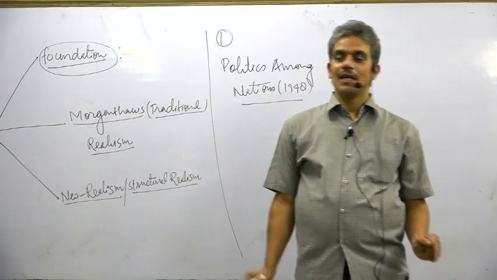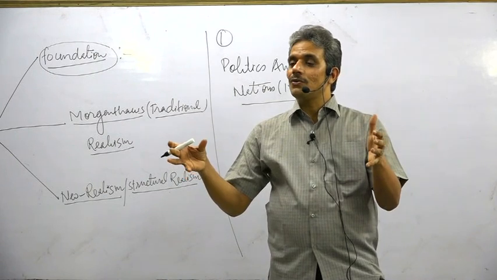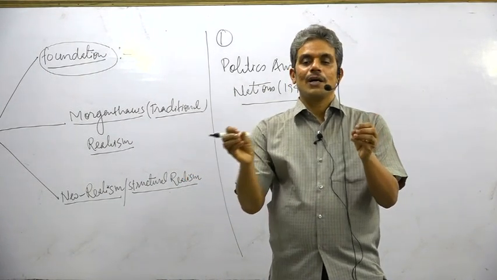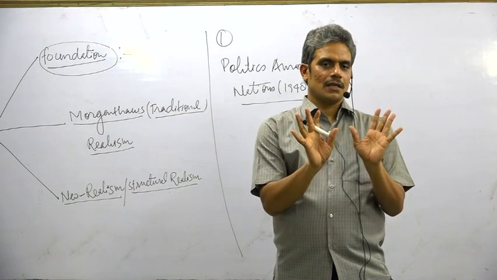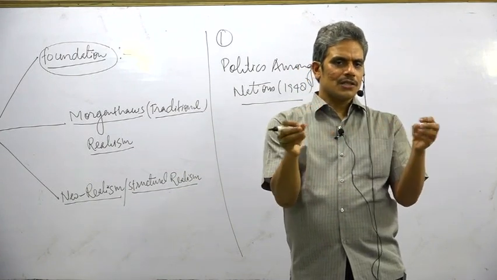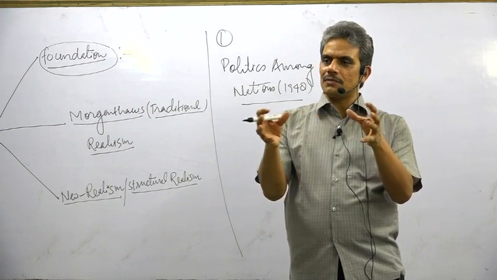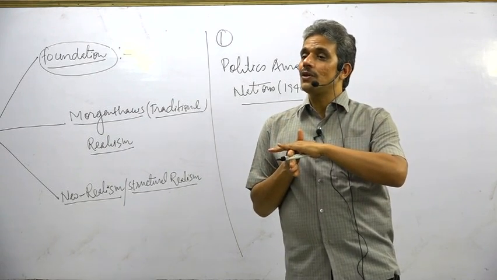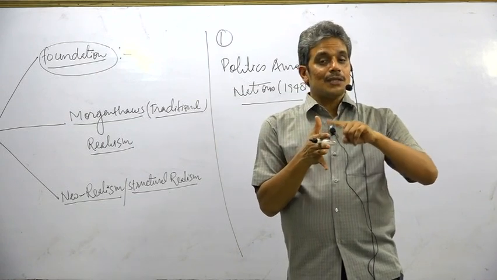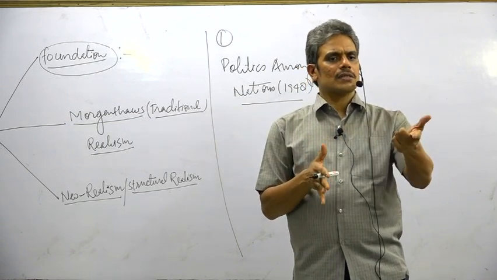It means Morgenthau wants to establish a correlation between human nature and politics. And politics here means international politics. He tried to establish a correlation between human nature and international politics.